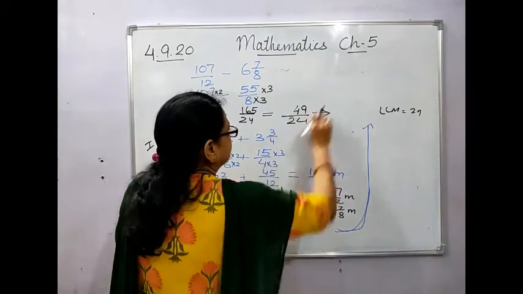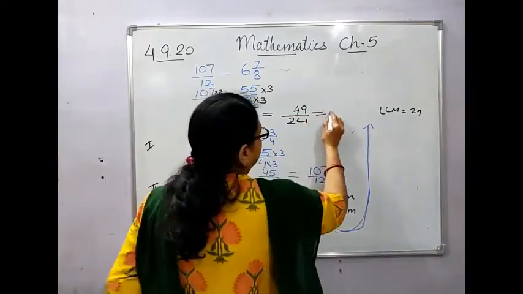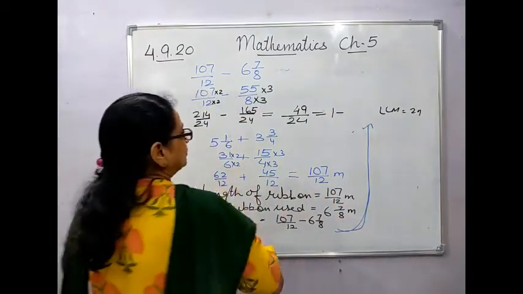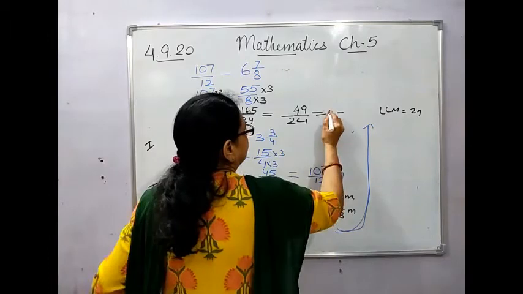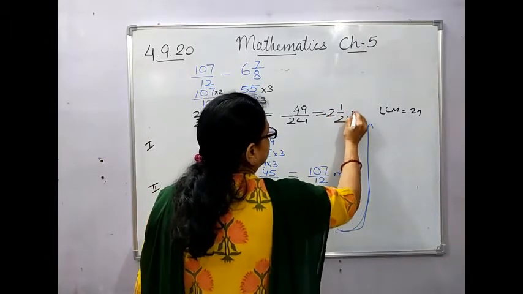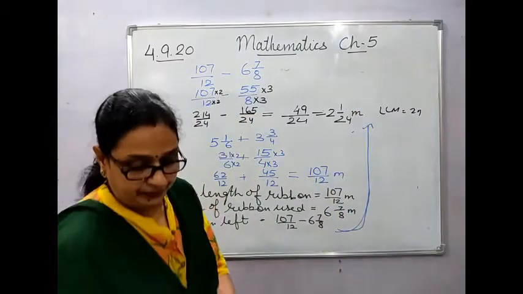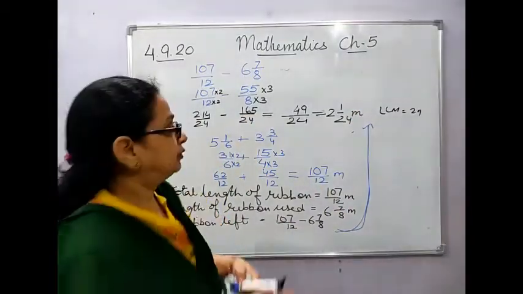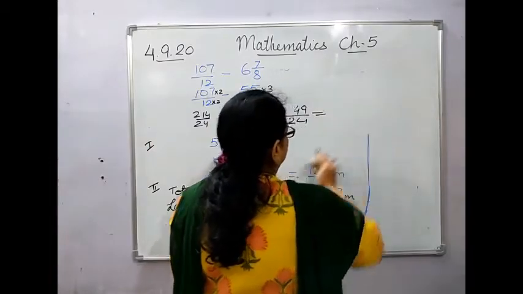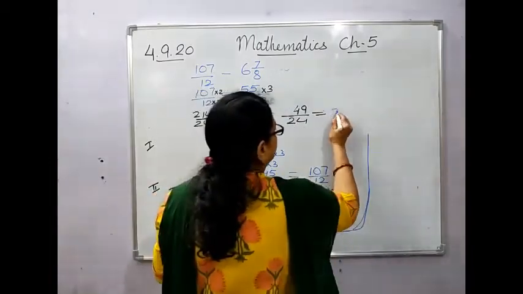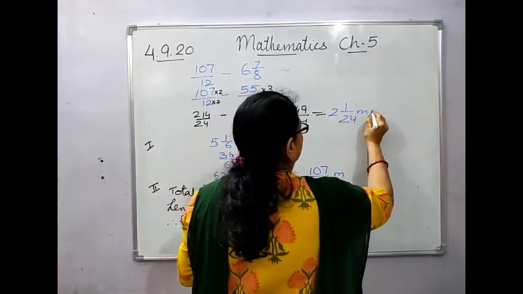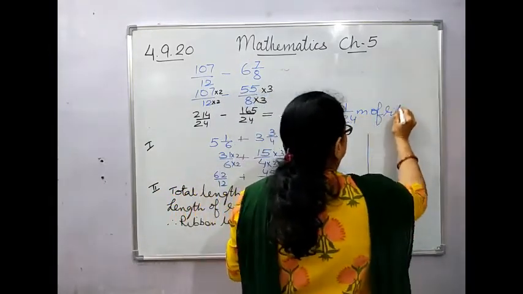Now you reduce it to the lowest term. It will be 2 twice, 24 2s are, 1 upon 24 meter will be left. 1 upon 24 meter of ribbon left.